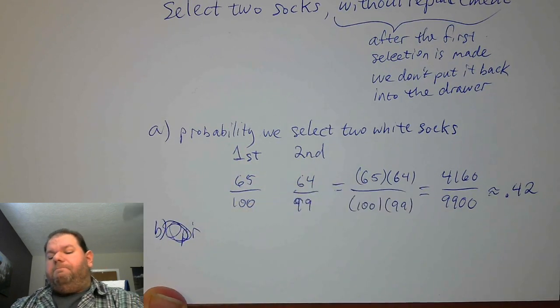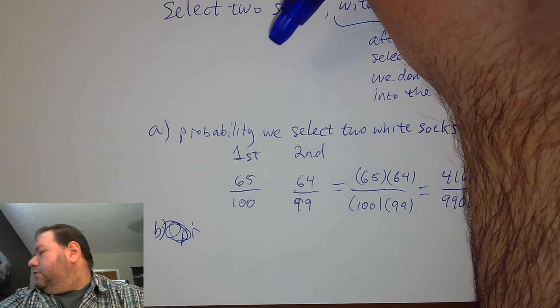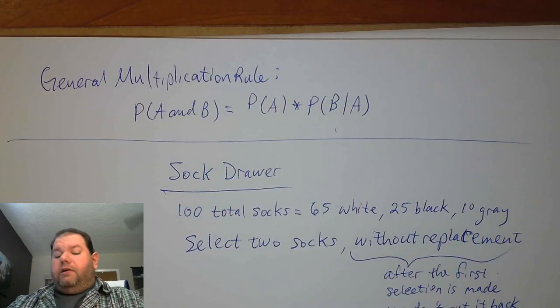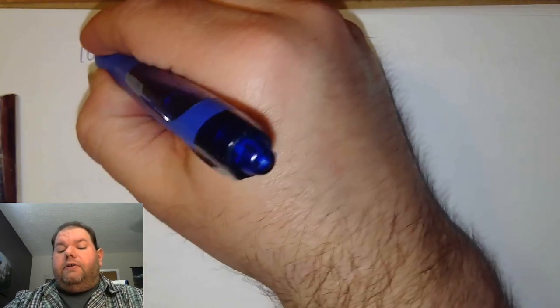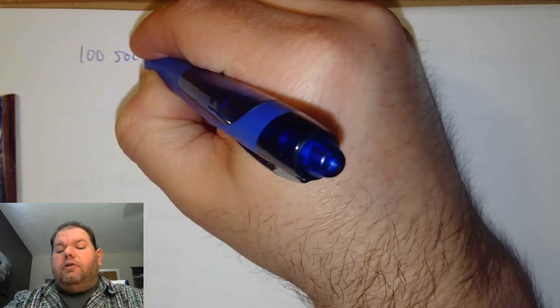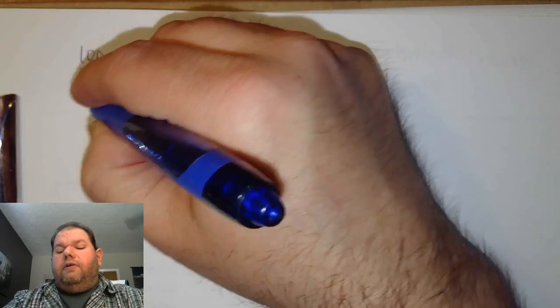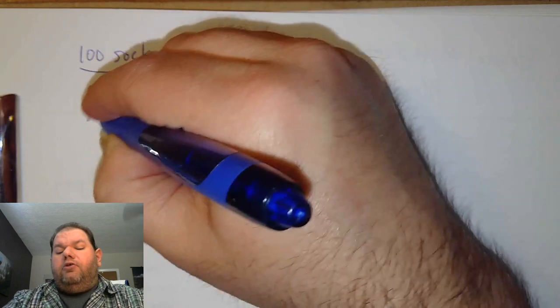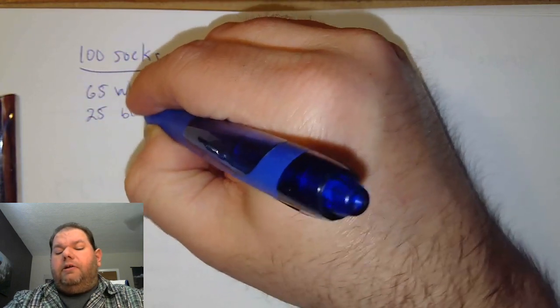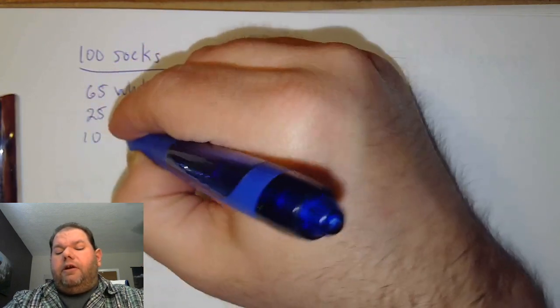I'm going to run out of room in this paper, so I'm going to flip over to the back. So again, we have 100 socks, 65 white, 25 black, 10 gray.